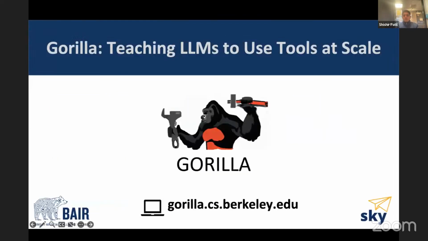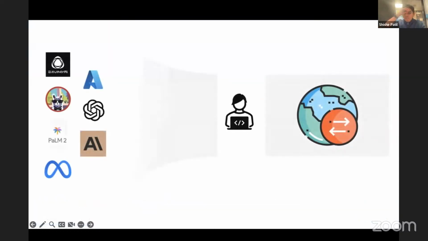So with that, let me start off with the Gorilla project. Why did we start the Gorilla project? If you think about how people talk to LLMs today, over here on the left-hand side I have all the different LLMs, be it ChatGPT, Anthropic, or Llama from Meta. Fundamentally, as a user, you are responsible for interacting with the LLMs. You call this prompting.